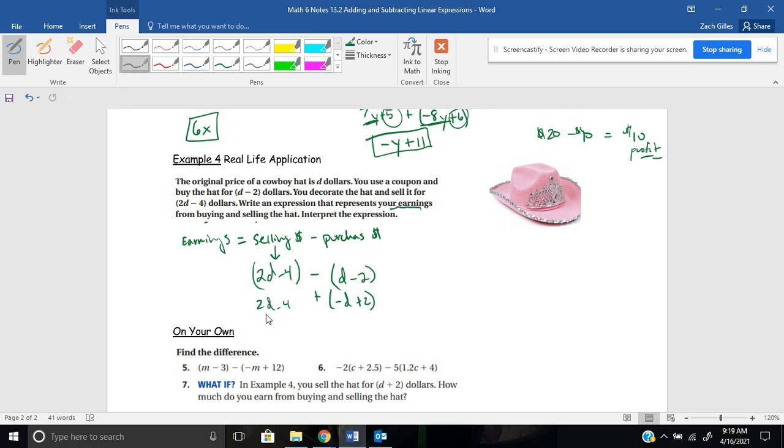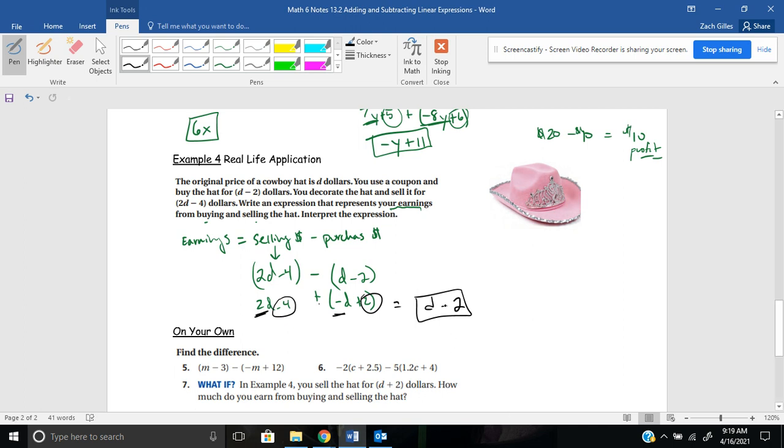Now let's take and add my like terms. So I have 2d plus negative d. Well, 2 plus negative 1 is just 1, so 1d. And then I have negative 4 plus 2, which would give me negative 2. So my earnings are d minus 2.